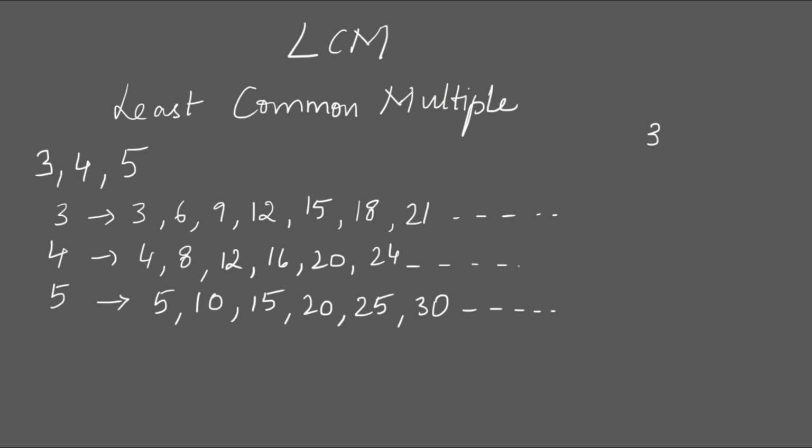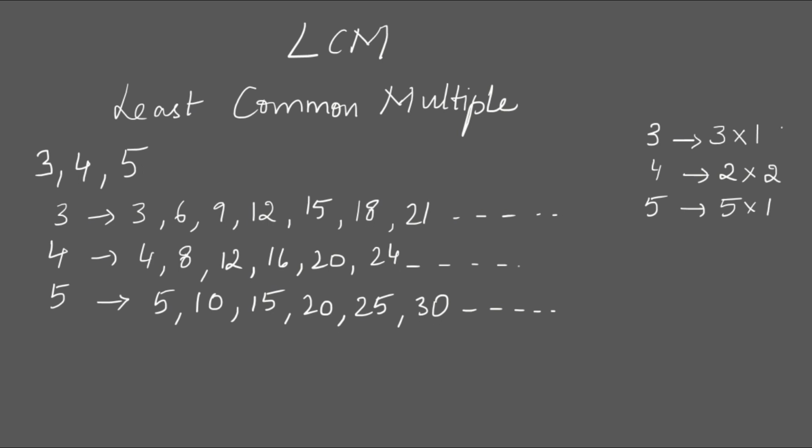Each number we'll write in terms of prime numbers, multiples of prime numbers. 3 is already a prime number, so we'll write 3 into 1. 4 will become 2 into 2. 5 is already a prime number, so 5 into 1.